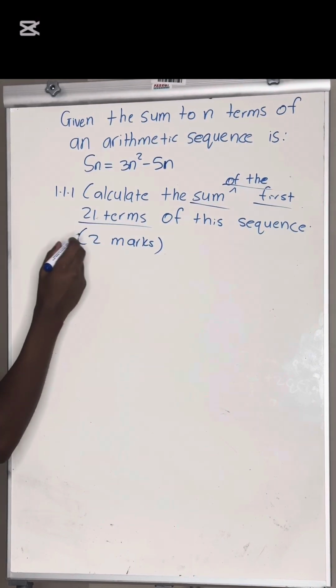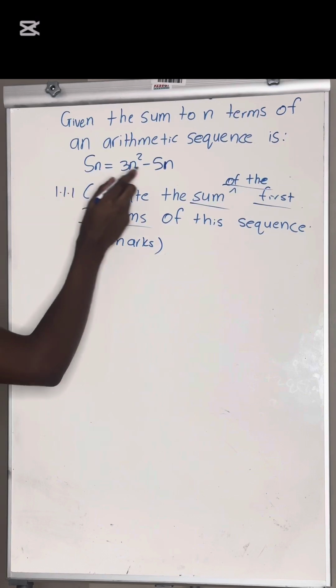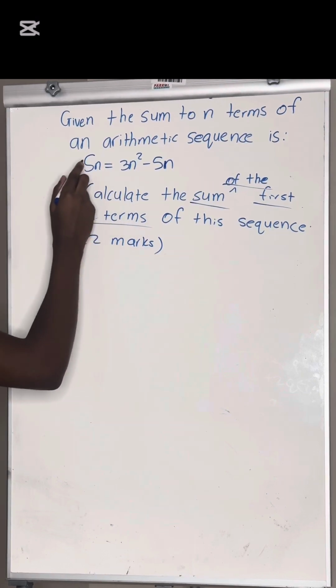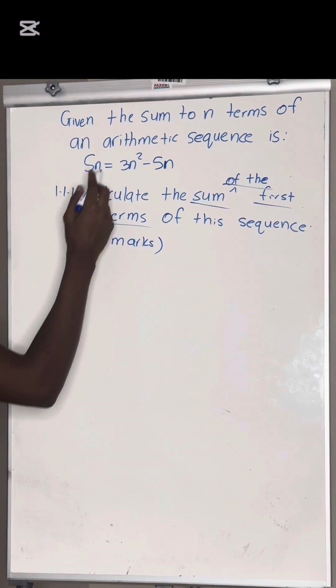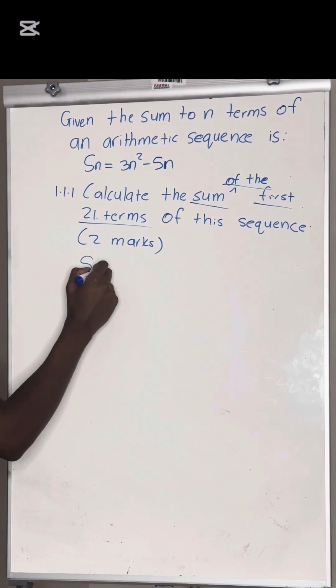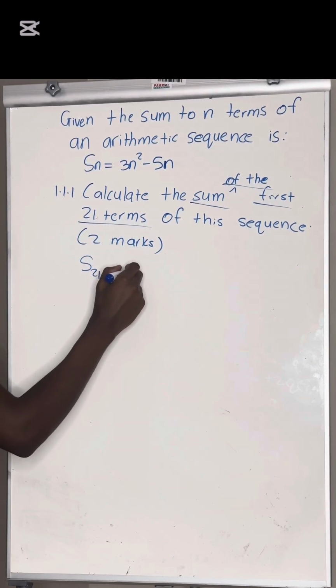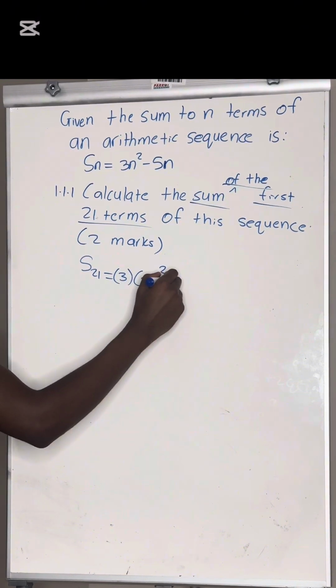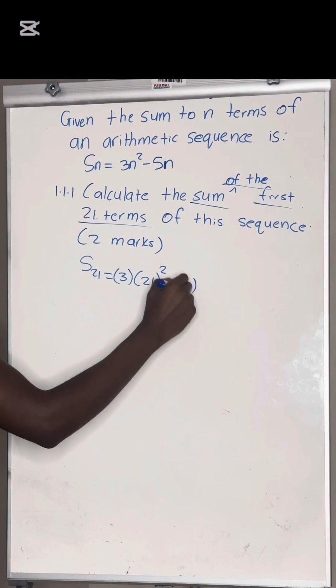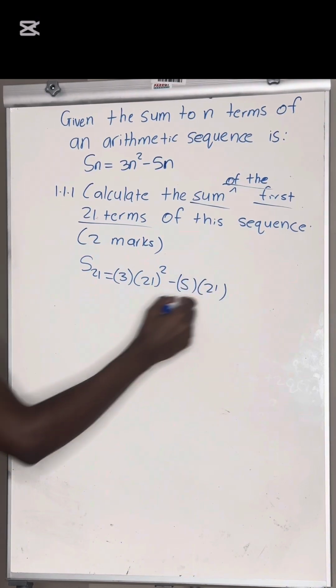We're simply going to substitute 21 into this formula because we're already given the summation formula. So it's going to be S. Wherever you see n, you're going to substitute 21. S21 is equal to 3 times 21 all squared minus 5 times 21.